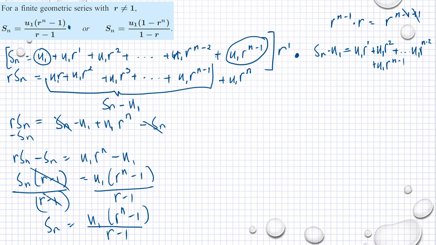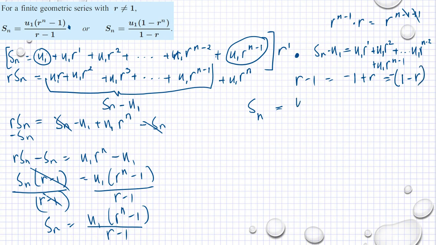That is the first one. How about the second one? Okay, if I'm going to interchange r minus 1, that is negative 1 plus r, or if I don't want negative 1 there, then I will have negative 1 outside, then I have 1 minus r.